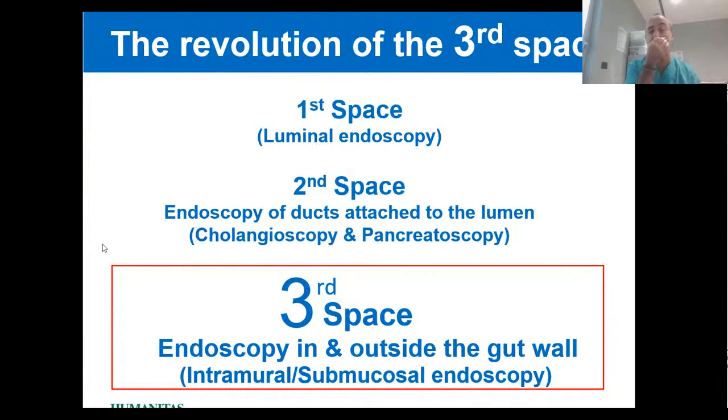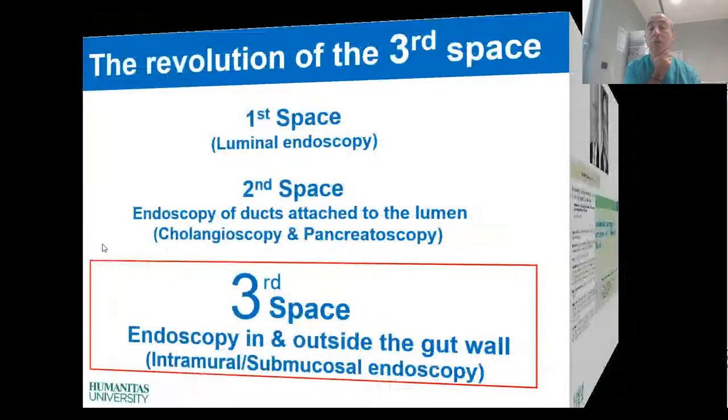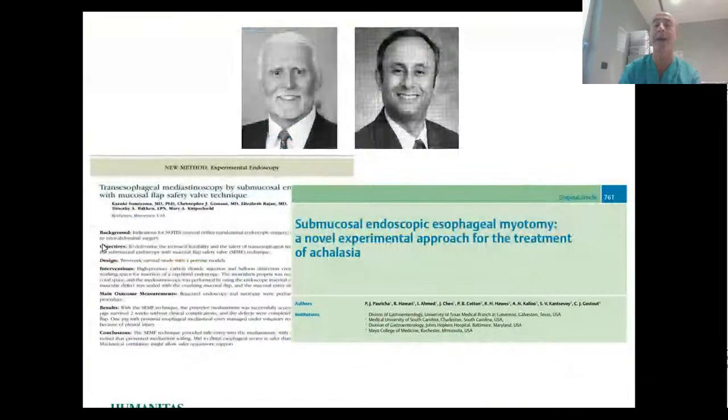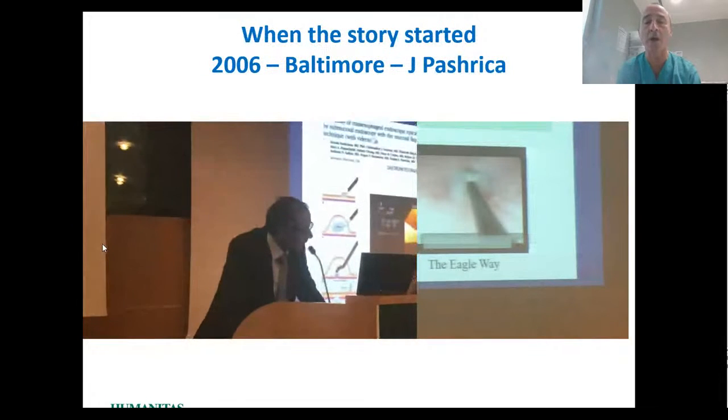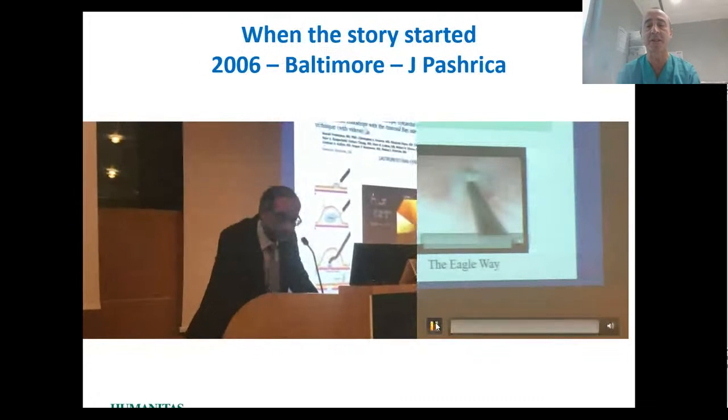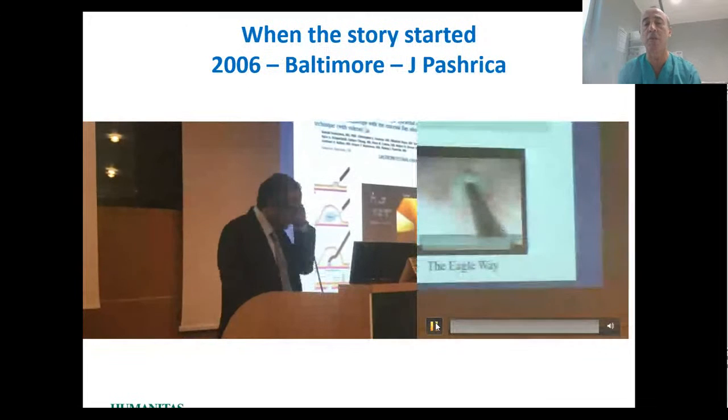The two inventors of third space endoscopy are two American guys: Brian Stout, who retired a couple of years ago and served as a medical director of Apollo, and Jay Pasricha, a brilliant gastroenterologist who has done a lot of new development in the field of gastroenterology and endoscopy. And this is Jay Pasricha presenting in our hospital how he did the first attempt of submucosal tunneling and myotomy in a pig.